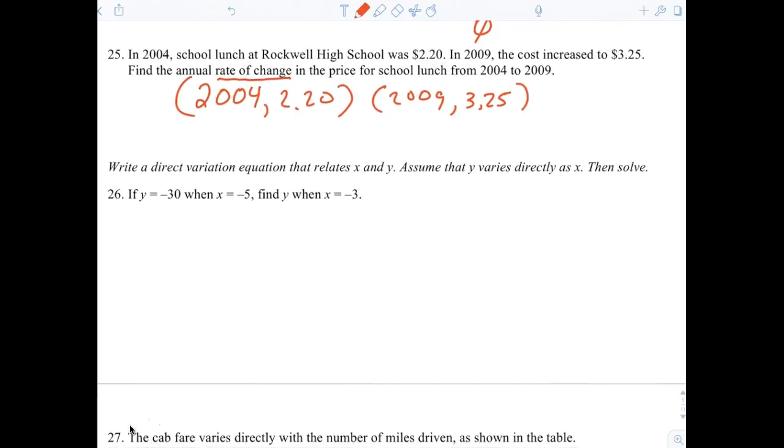So slope is equal to 3.25 minus 2.2 over, I'm just going to put 5, because 2009 minus 2004 is 5, right? Now 325 minus 220, what's that? $1.05 divided by 5 would give me 0.21.